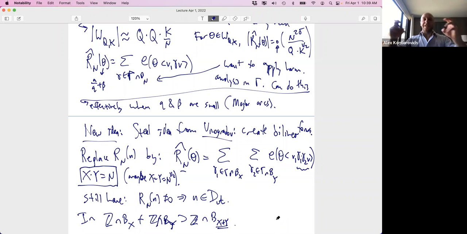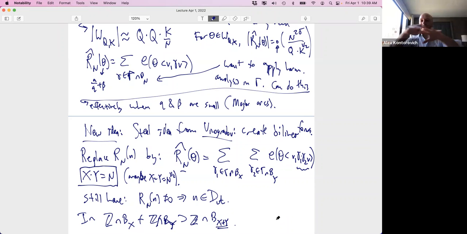So there's a variety of ways in which this idea of creating bilinear forms can work. One of them is you have a sum over the integers, and then you realize, actually, I want to sum over pairs of integers, that's free. And when I sum those integers, I still get something that contains an interval. Doesn't contain it uniquely. There's some multiplicity, but I don't really care.